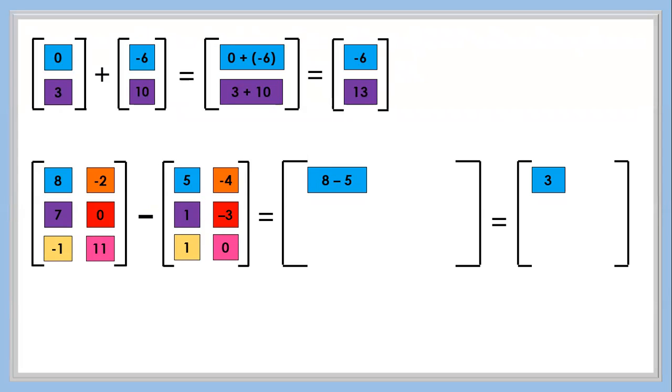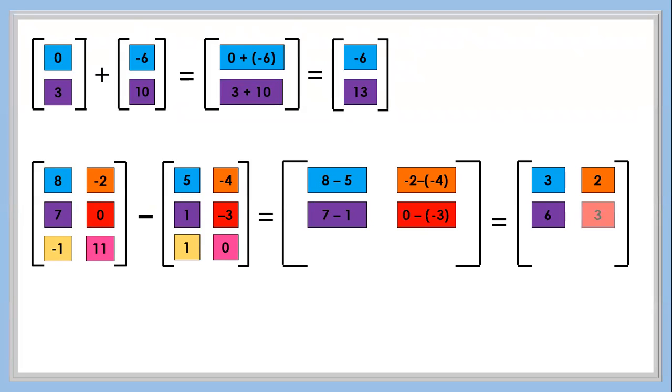Second with second, so -2 subtract -4 gives a result of 2. Third with third, so 7 subtract 1 gives 6. Fourth with fourth, 0 subtract -3 gives 3.